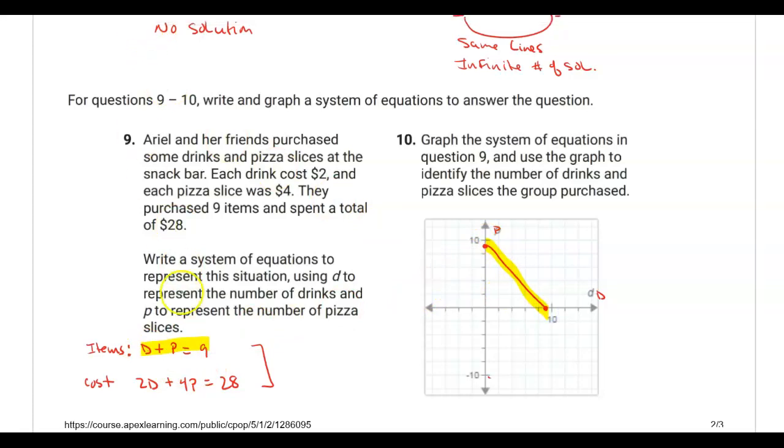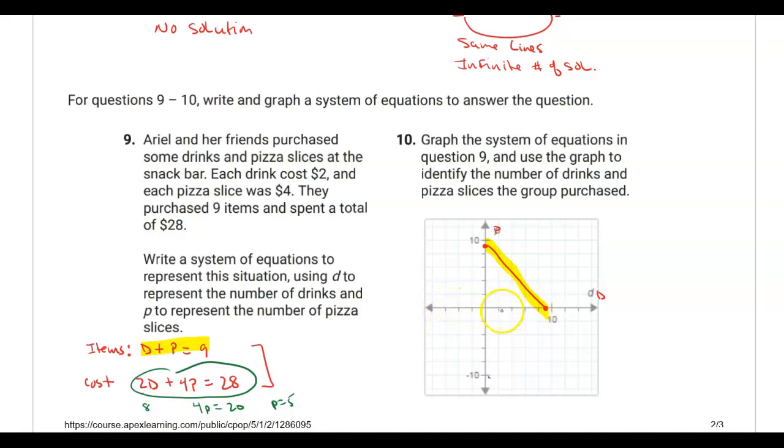Now, the other one, let's just come up with some ordered pairs. If I buy 4 drinks, that's $8. Which means if I buy 4 drinks, how many pizza slices would I have? Well, I spent $8, so I have $20 left. So it'd be 5 pizza slices.